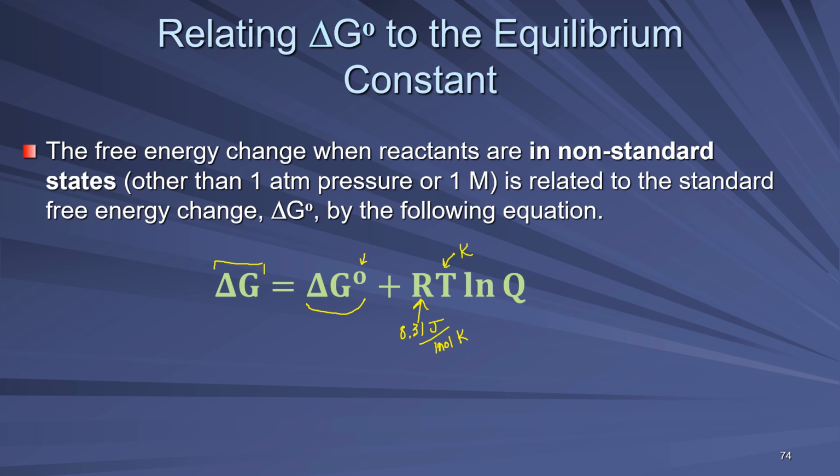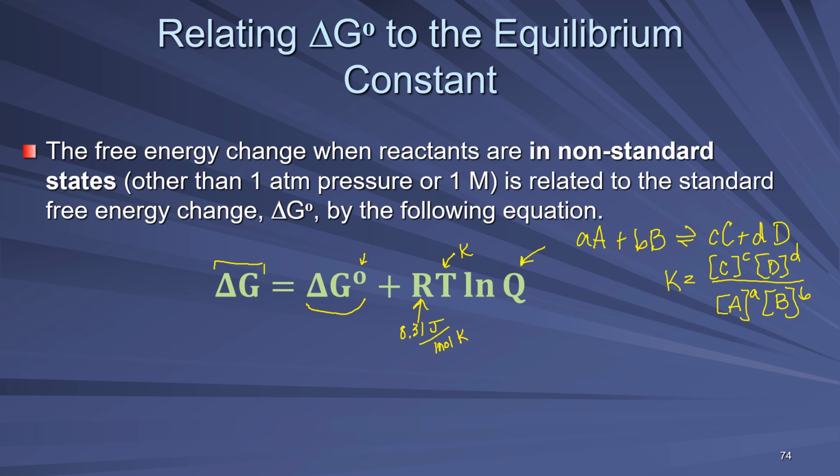And then you may or may not remember what this is, but Q is the equilibrium quotient. If you remember, let's say we have an equation with products C plus D. If we're at equilibrium, we can write the equilibrium expression where it's the concentration of C raised to the C power, the concentration of D raised to the D power, etc. If we're at equilibrium, this is true.